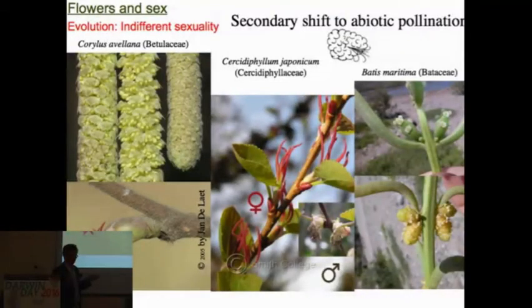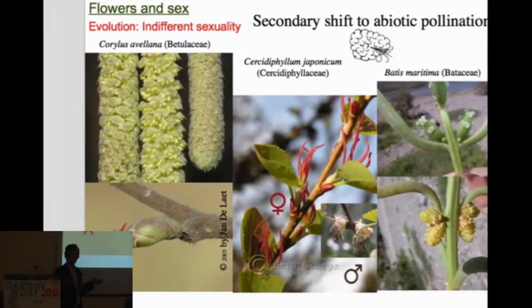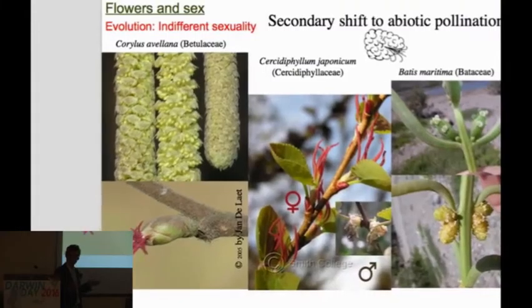Now, what is interesting, as I say, is that the flowers can also shift back from insect pollination or from animal pollination to wind or sometimes water pollination when the circumstances become less favorable for pollination by insects. Sometimes these plants grow in very windy places, desertification and so on as one of the reasons for that.